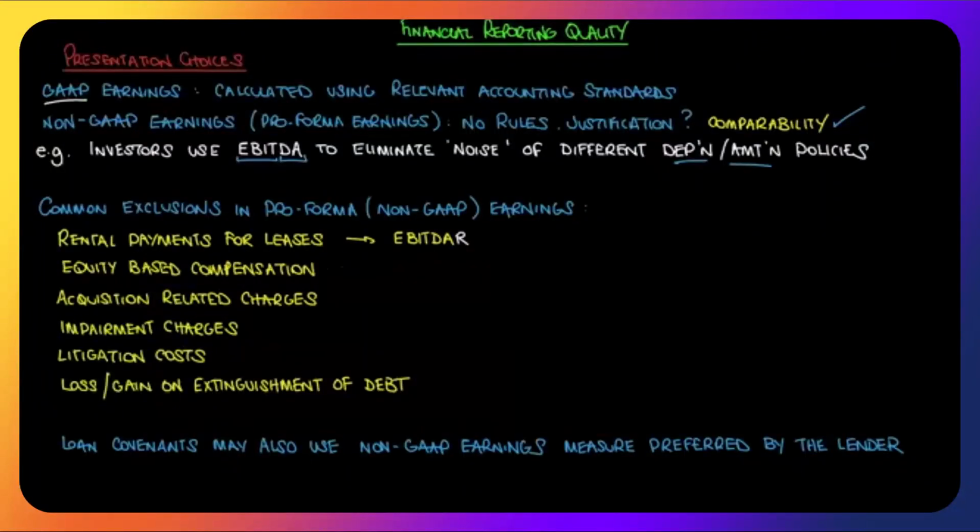Equity-based compensation. Not cash. That's the argument they'll use there. It's not a cash payment. I'm offering stock options. Yes, it will mean I'll eventually have to issue stock, but I'll never have to pay anything out. Acquisition-related charges. One-offs.